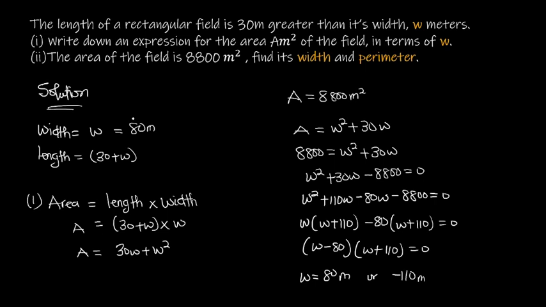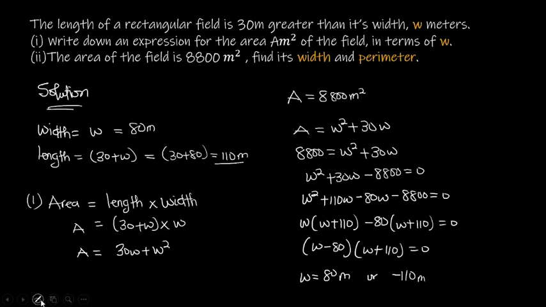Now, we're also asked to find the perimeter of the field. To get the perimeter, we need to first find the length. So from here, 30 plus 80, which is 30 plus the width, gives us a total of 110 meters as the length of the rectangular field.